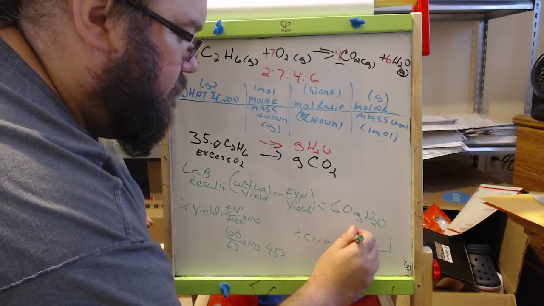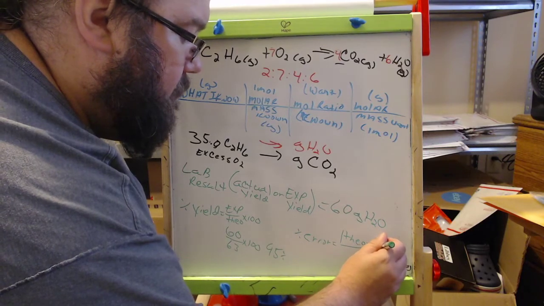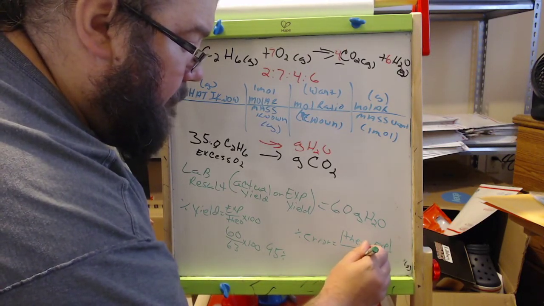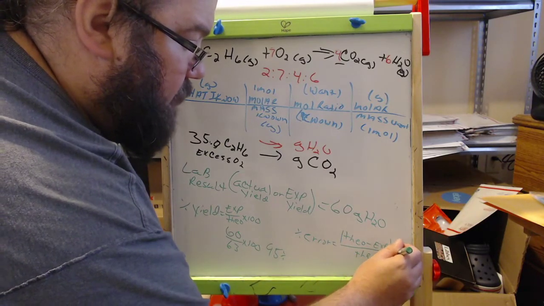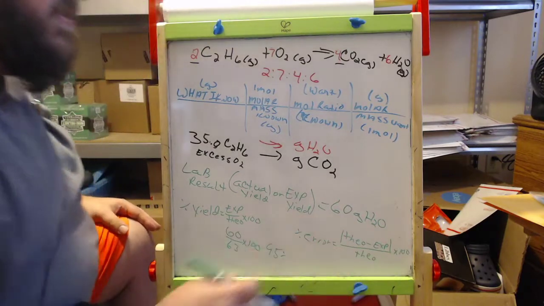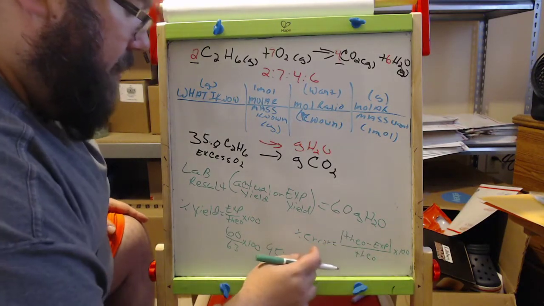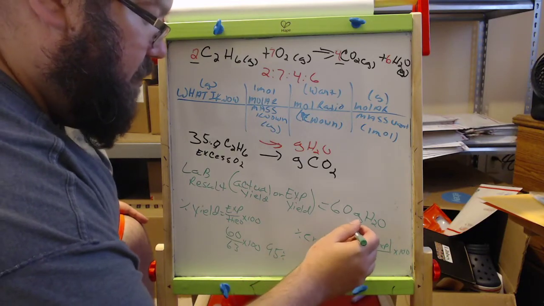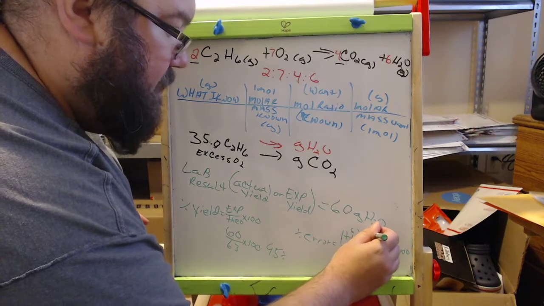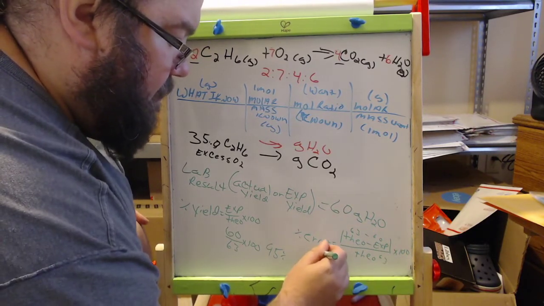Theoretical minus experimental, divided by theoretical times 100. I want to point out it's an absolute value, so your percent error can't be a negative number. So if we were to plug this in with our numbers here, it would be theoretical 63 minus 60 divided by 63, and that's going to come out to be roughly 5%.